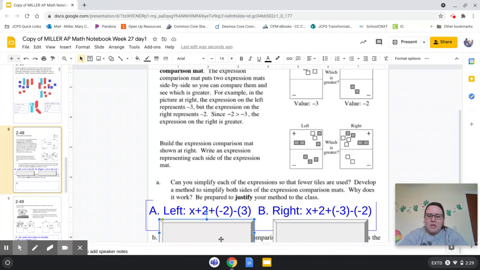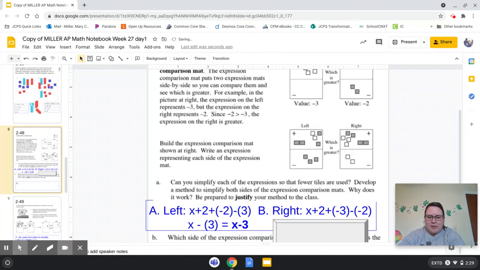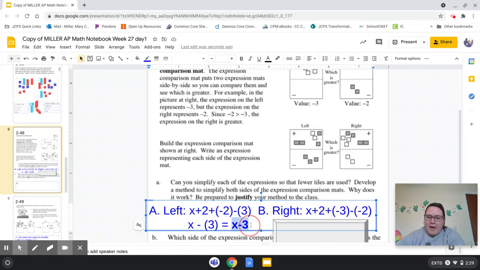Okay? So on the left side, when we simplify that, we create our zero pairs, we take the opposite of those 3 positives, and we get x minus 3, or x and then the opposite of 3, to simplify on the top, with x minus 3 as our final value for the left side. After those zero pairs and after flipping.